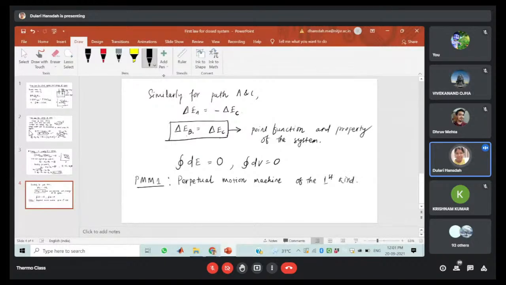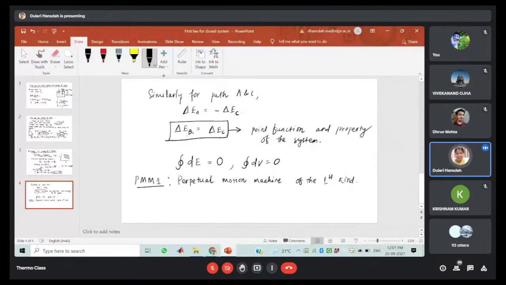So this is known as PMM1. So it is one machine which is fictitious type, or we can say it is impossible.